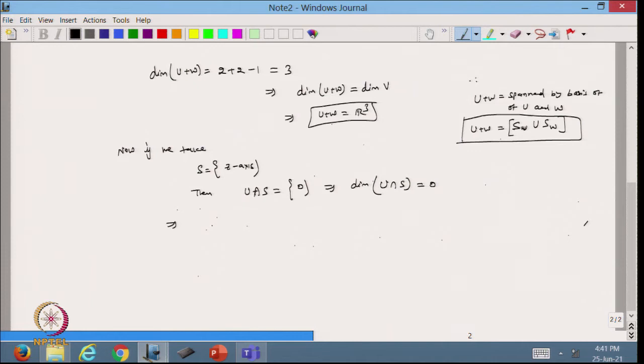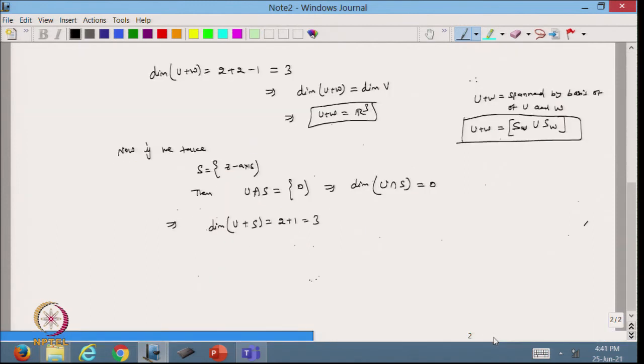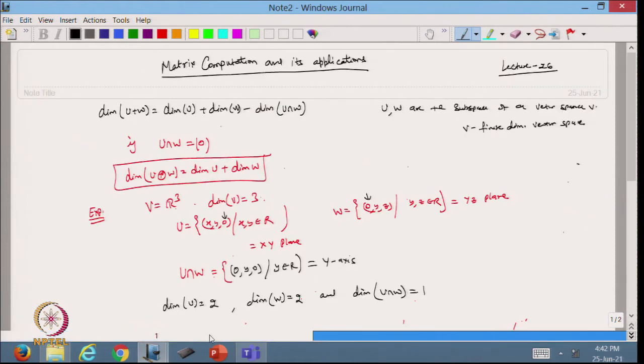So the dimension of U plus S is equal to 2 plus 1, that is 3, because the dimension of S is just 1. So this will be a direct sum. Whether or not it is a direct sum, we can use this theorem to find the dimension.